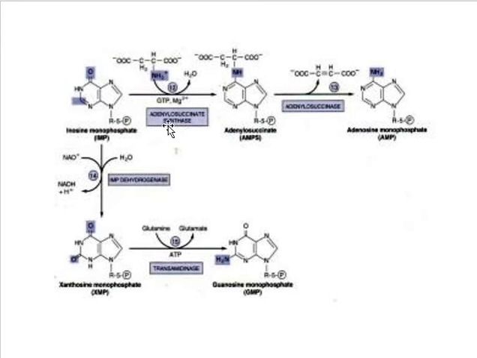This is basically the condensation reaction in which the whole of the aspartate molecule condenses with the IMP. This reaction is catalyzed by the enzyme adenylosuccinate synthetase, and this is the energy requiring process. For this purpose, GTP is utilized.